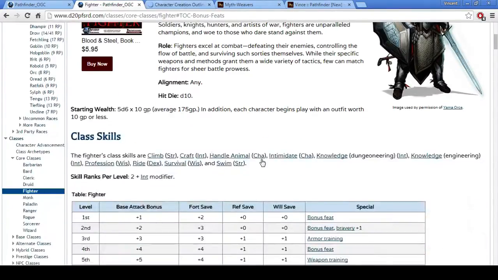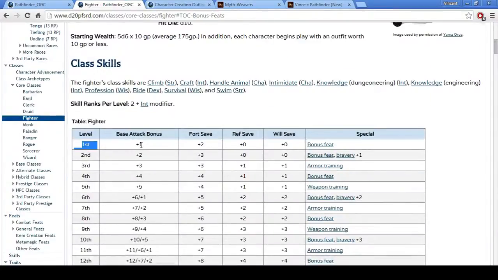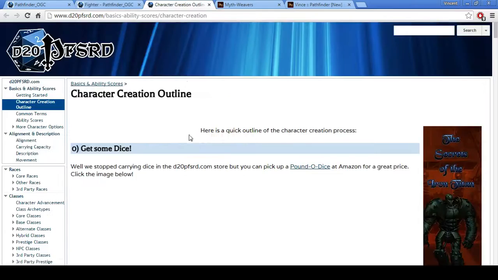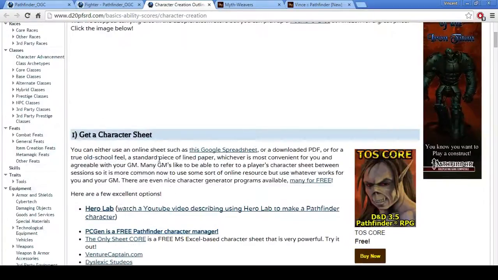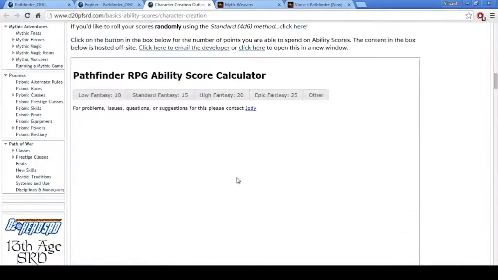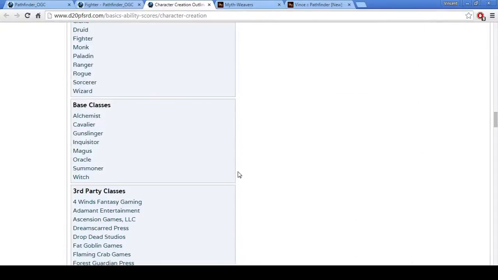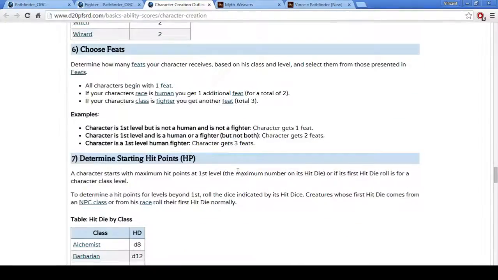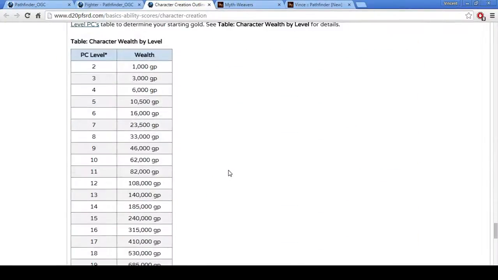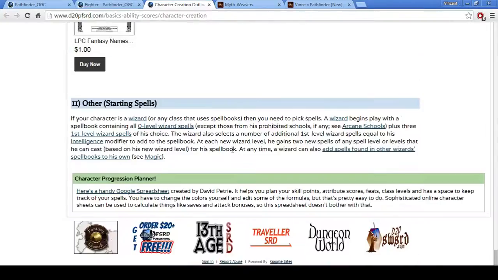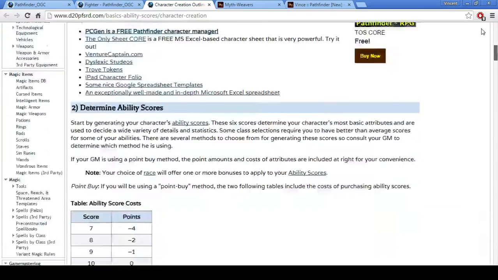Because you not only get this stuff for being a fighter, you also get, see, there's a nice little character creation outline here that you can go through, and I do recommend going through it. It does all this, determining hit points and all that stuff. It's good stuff. Money, personality. Oops, I somehow went into the wrong page.